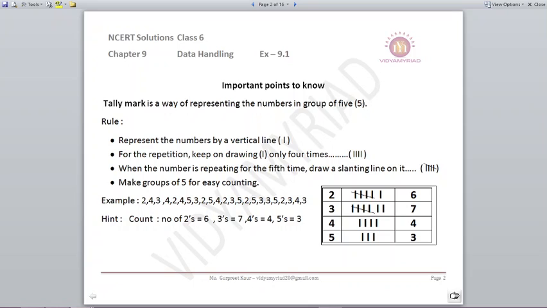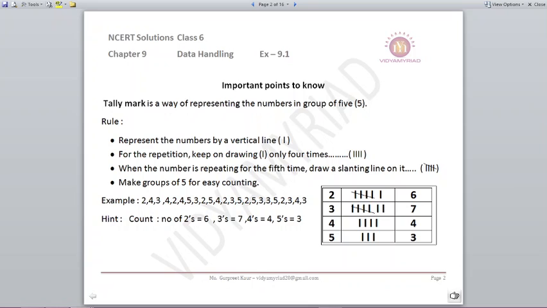So what I have done is, for every number, whatever time they are repeating, I will draw one standing line in front of that. If that number is coming for the 5th time, then I will draw a slanting or diagonal line on it, which will represent a group of 5, and it will become easy for me to find out the number of times that number is repeating.